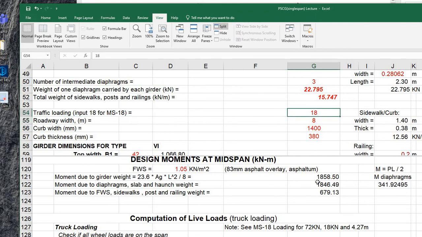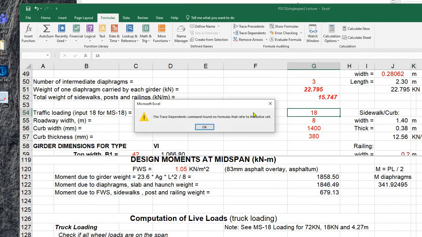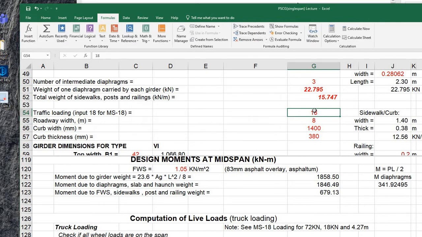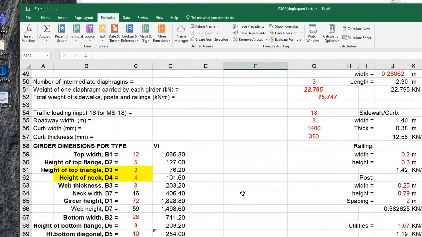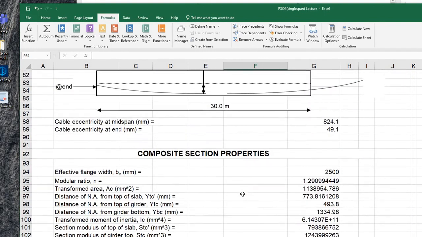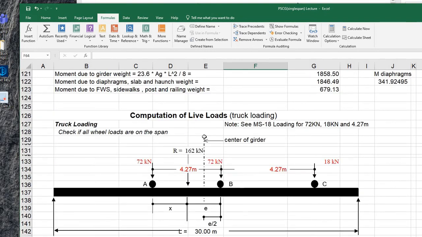So, if you will check sa formula, walang connected dyan, ano? Pero, dito natin siya gagamitin. Computation of live loads, or this is the truck loading. At ang ating gagamitin ay MS18. Galing to sa code.